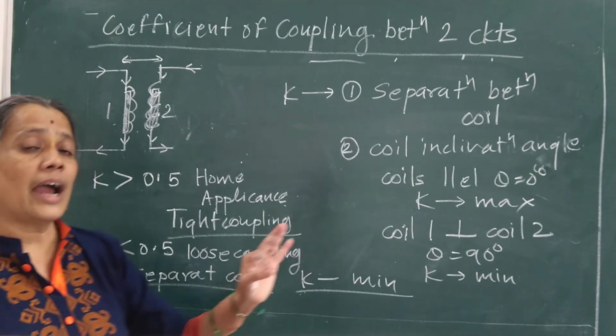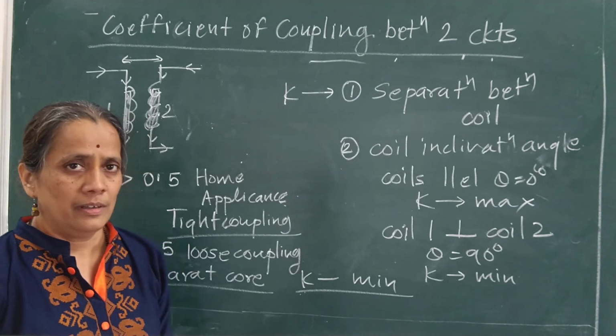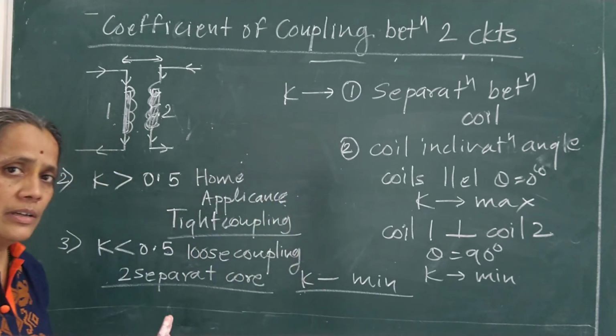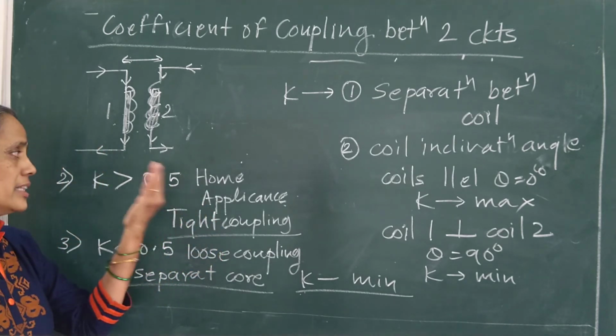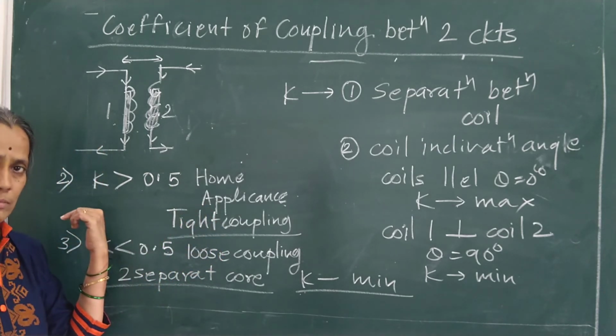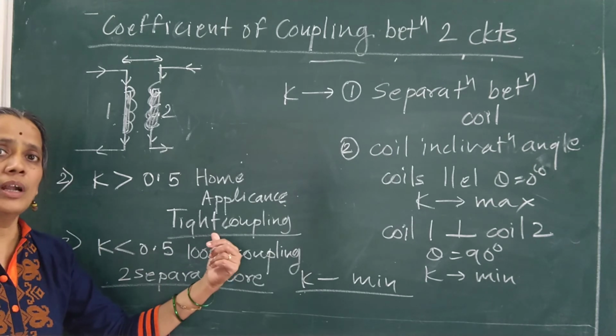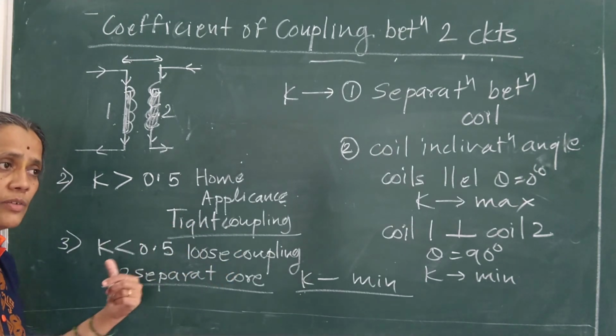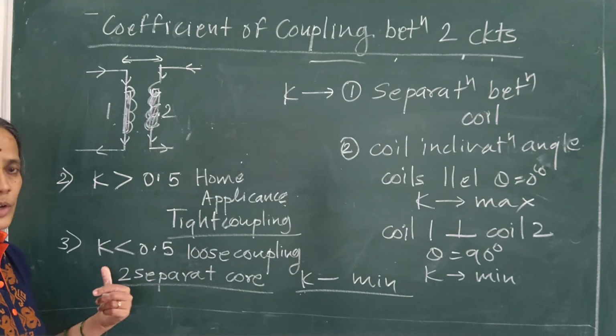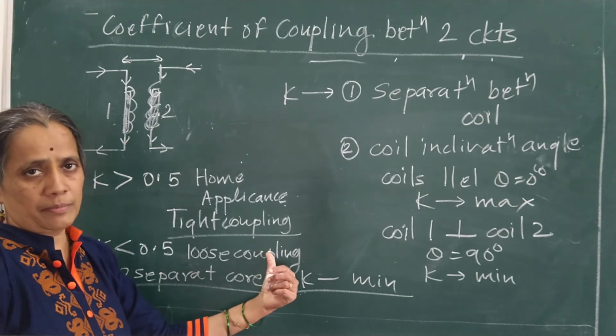That is used in the ideal transformer. And the second case is K value greater than 0.5 but less than 1. That type of coupling is called tight coupling. And K value less than 0.5 is called a loose coupling.